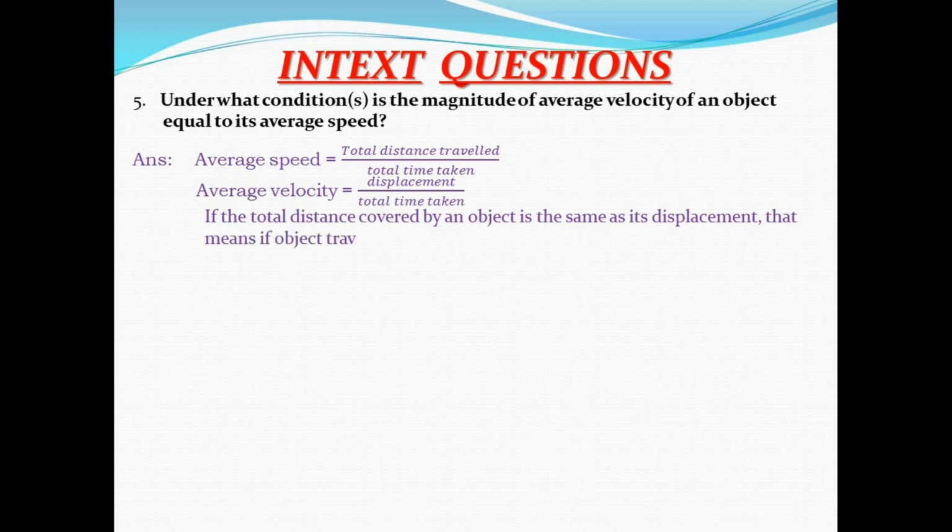So if the total distance covered by an object is the same as its displacement, that means if the object travels in a straight line, then its average speed would be equal to its average velocity.